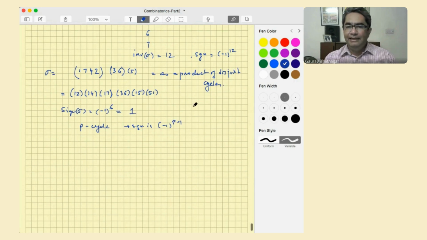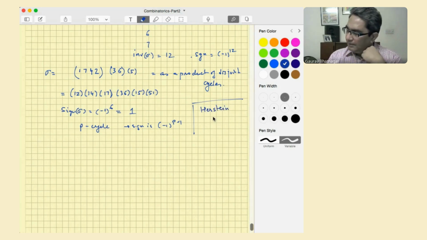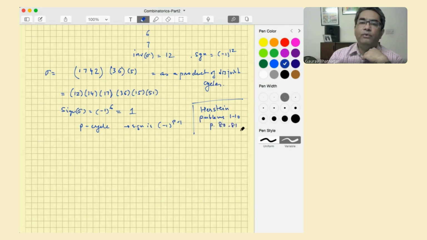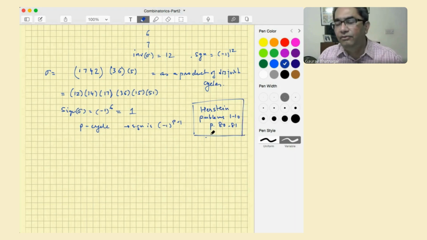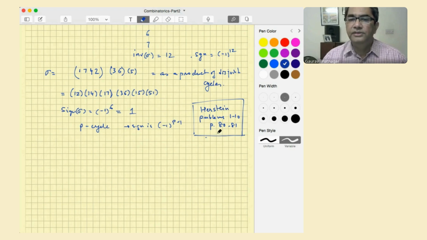So in my time, there was this book, which is still my favorite book. It's called Herstein. If you do problems 1 to 10 on pages 80 to 81, then you'll have a very good sense of what permutations are.